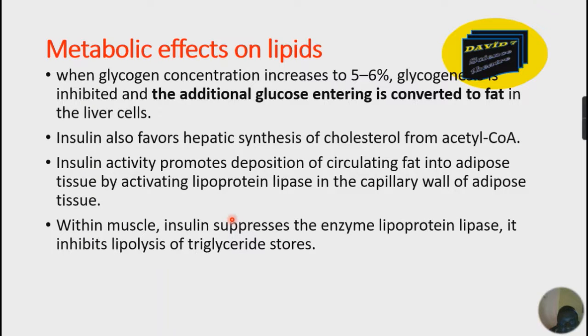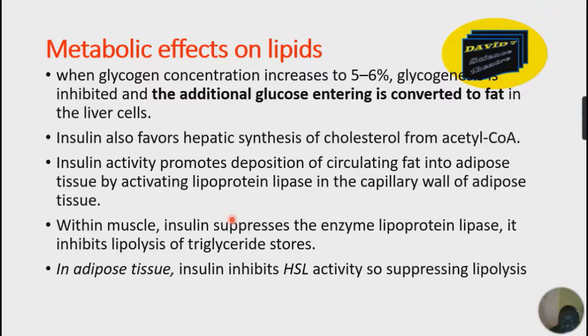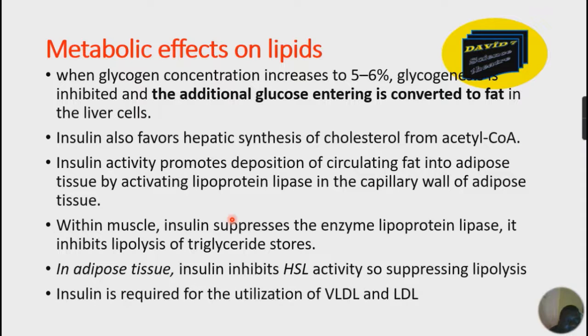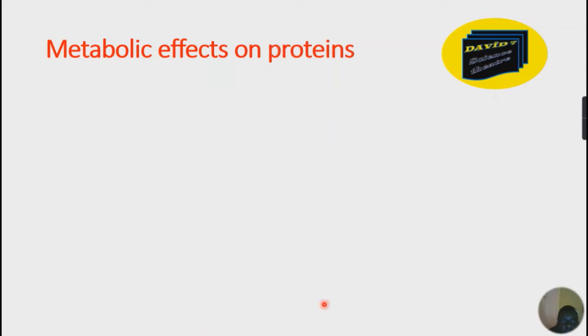Within muscle, insulin suppresses the enzyme LPL. It inhibits lipolysis of triglyceride stores. In adipose tissue again, insulin inhibits hormone-sensitive lipase activity, so suppressing lipolysis. Insulin is also required for utilization of LDL and VLDL. We need the insulin to utilize them.